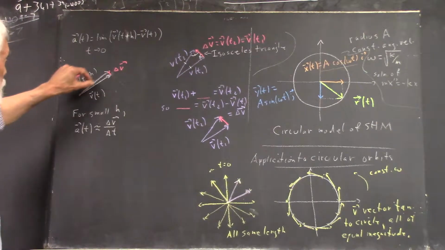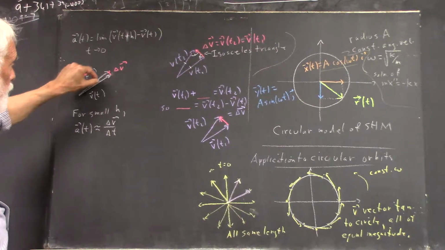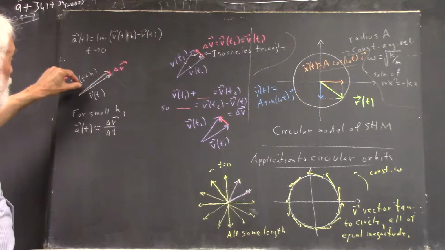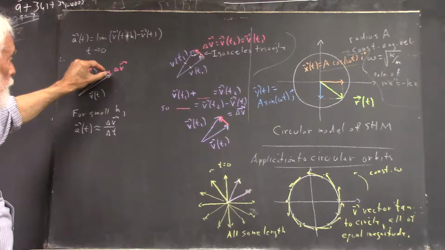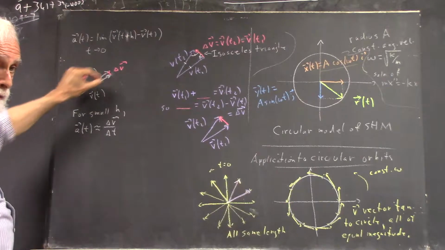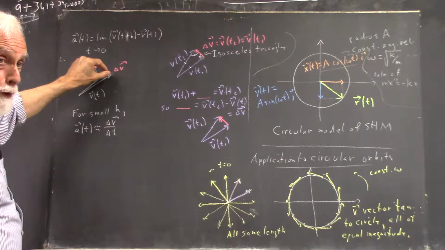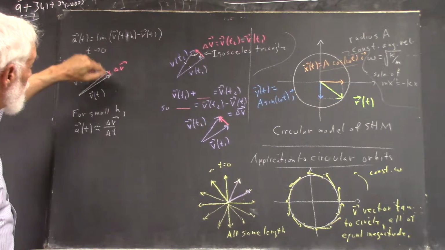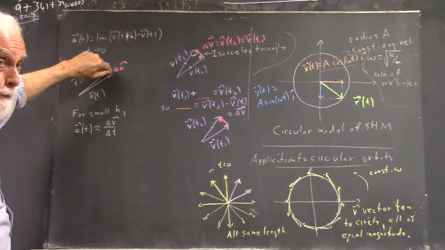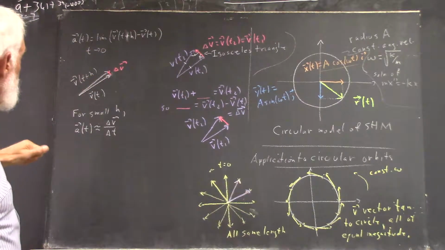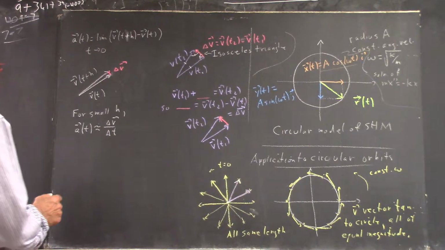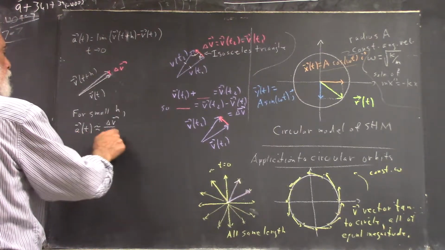So we can just think of a tiny, very slim triangle with h approaching 0, so the triangle approaches just a straight line. The delta V approaches 0 in magnitude, but always has a direction that's pretty close to this one. Okay, well, we have this.